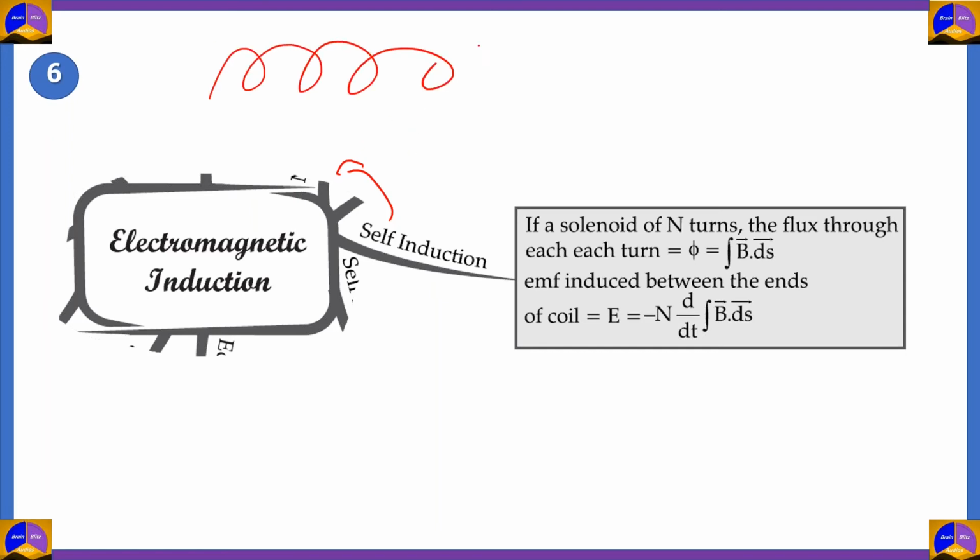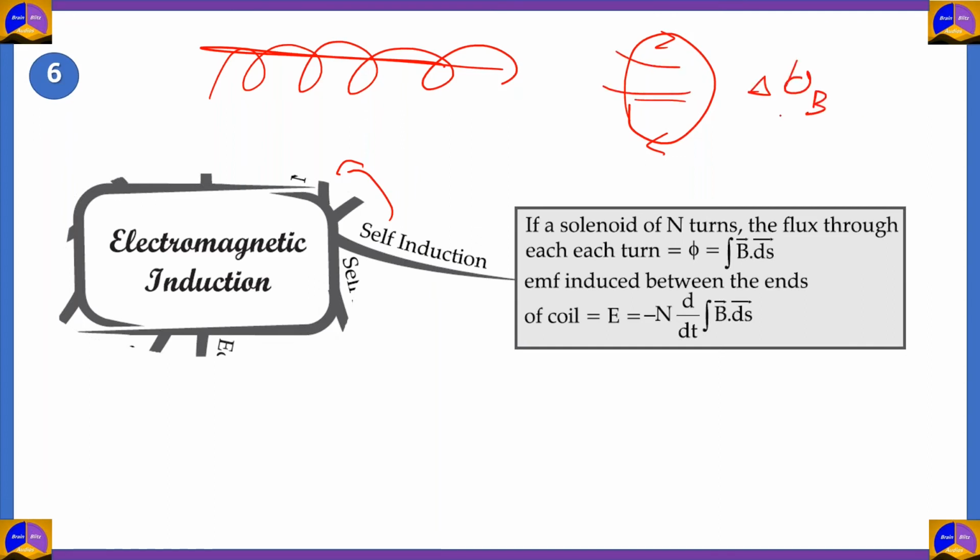So we have a coil, though this is a solenoid, let's just do a normal coil. So current is flowing through it, and again, it is subject to a change in magnetic field by itself. So due to the current or due to something else, there is a change in magnetic flux again, but the reason is due to the conductor.